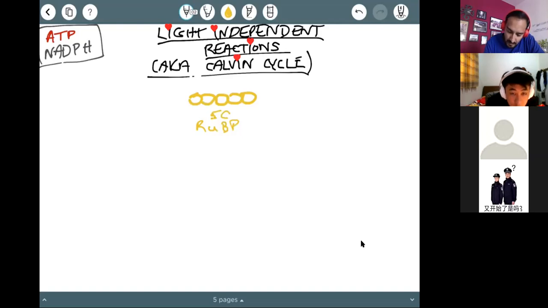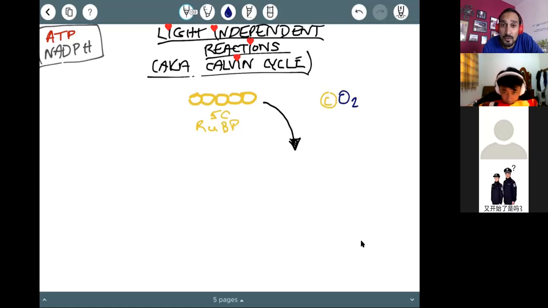And the very first reaction that takes place is a process that's going to bring a carbon from over here that's a part of CO2.